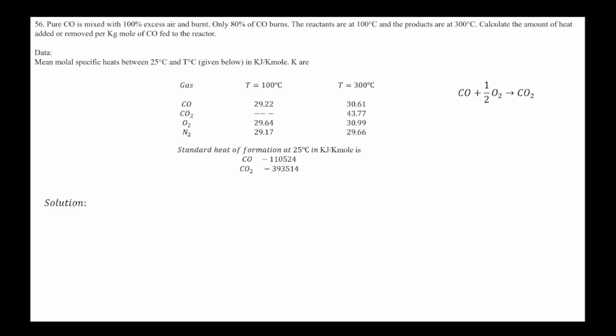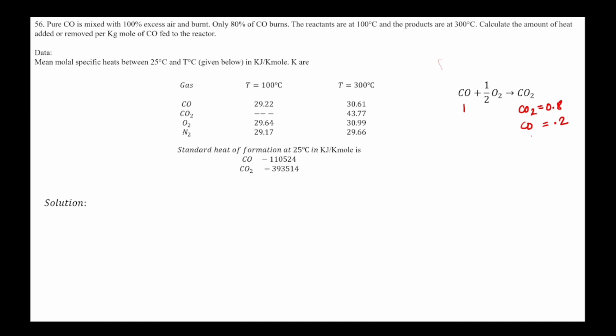See, without stoichiometry, this question cannot be solved. So very first, 1 kilomole CO, and then air. 80% of CO burns, that means CO2 is equal to 0.8 and CO will be 0.2. This is the end product. Now we need to find O2 and N2.